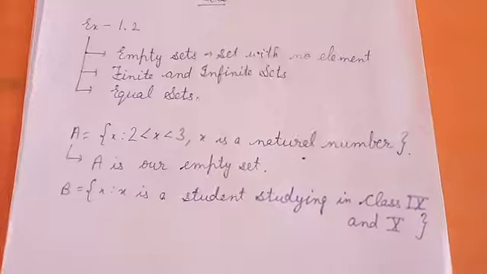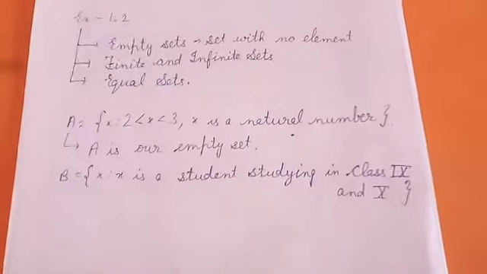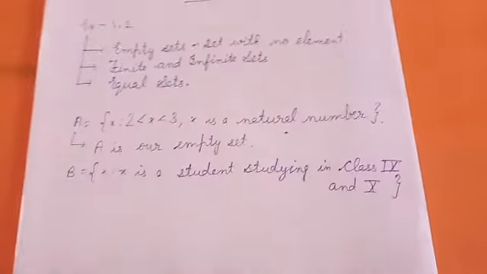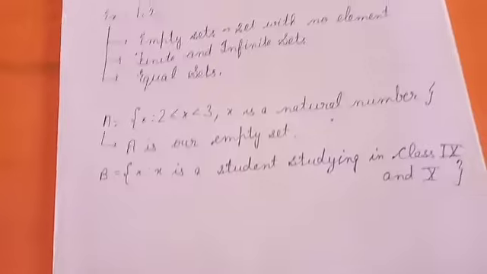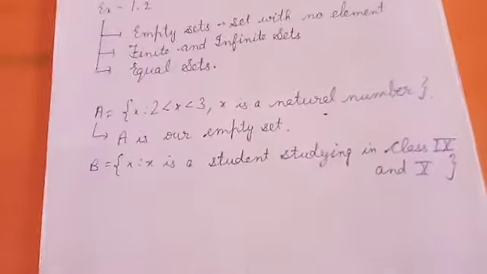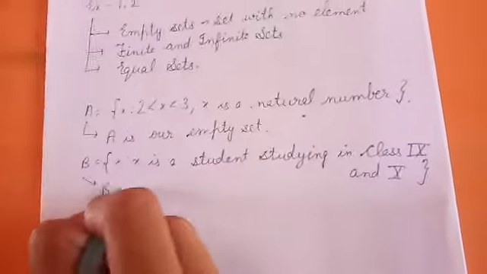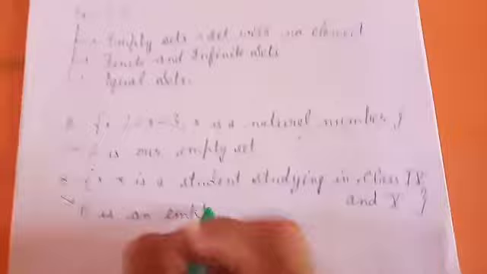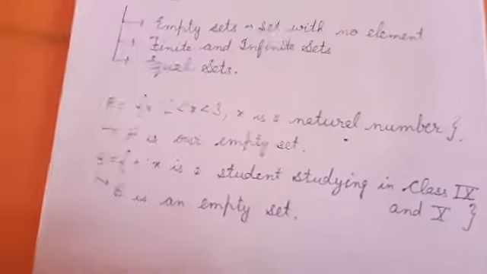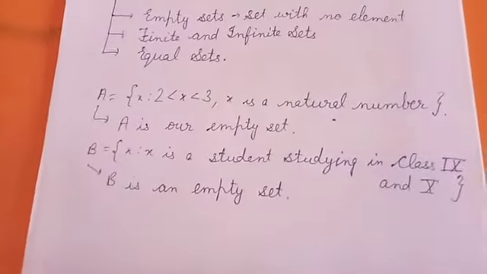Now, is it possible that one student at the same time is studying in class 9th and 10th? Not possible. So again here B is an empty set.